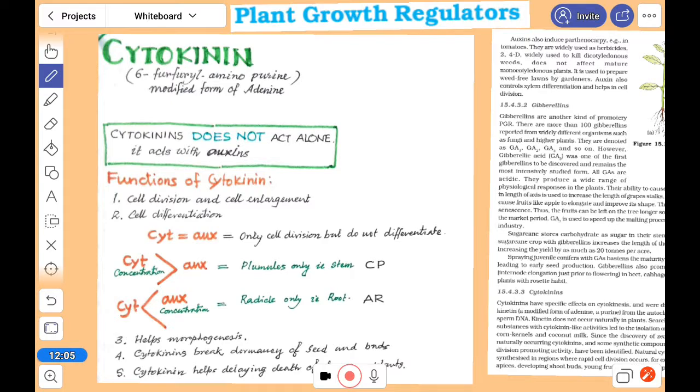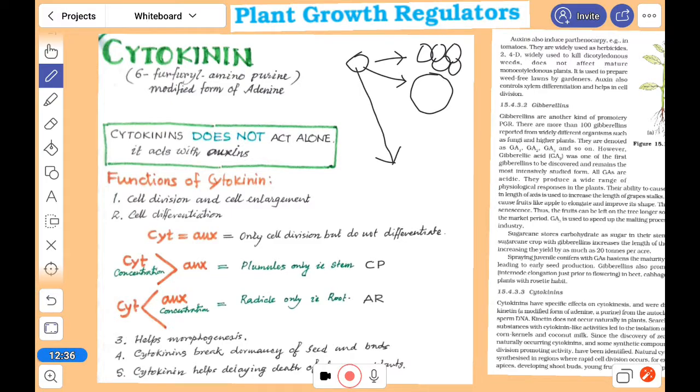Suppose cell growth. What is growth? Growth means that one cell will grow into a bigger cell. That is growth. The cell will grow. It can be in number also, from one cell to many cells. That is also cell growth. But what is differentiation?